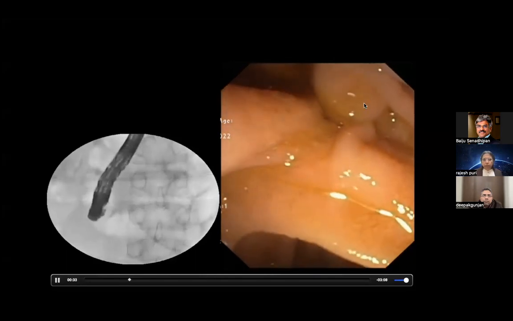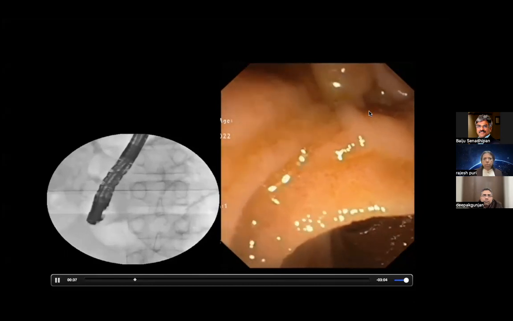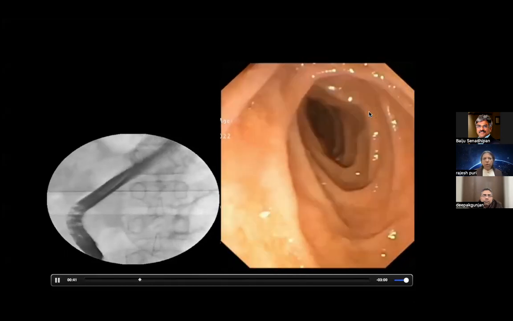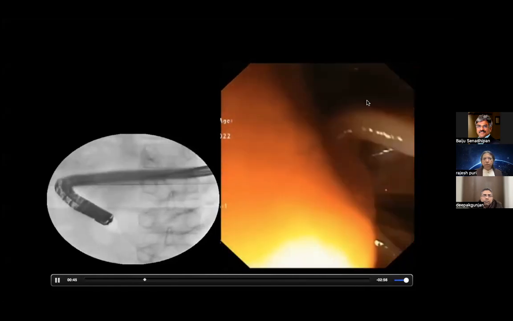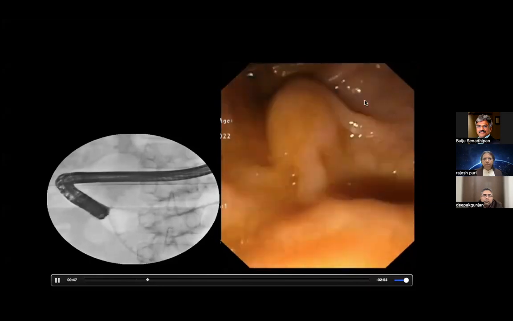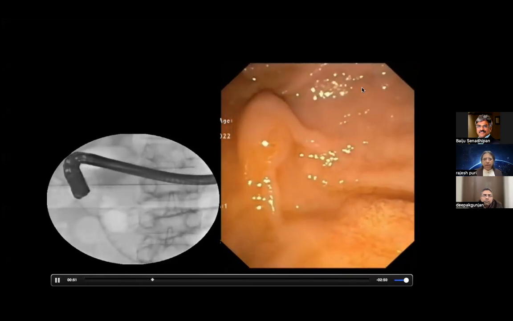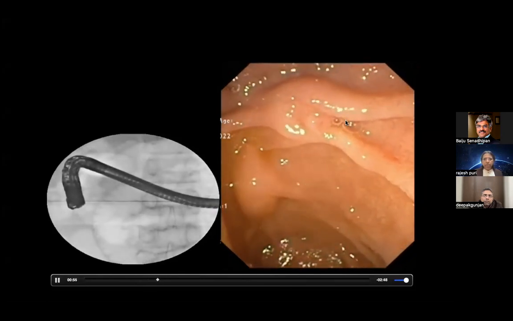And once you reach the major papilla, push your scope down to make it semi-long position. Look here, I've done the semi-long position of the scope, and you can see the minor ampulla around 2 centimeter proximal on the right side. You will look here, the minor papilla will come. So this is the minor papilla which has come.